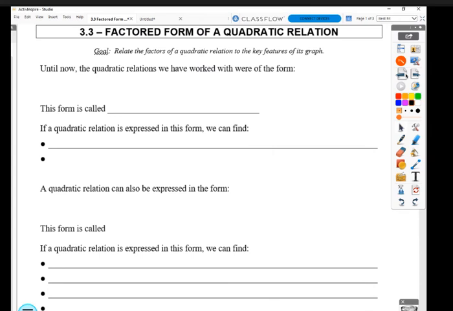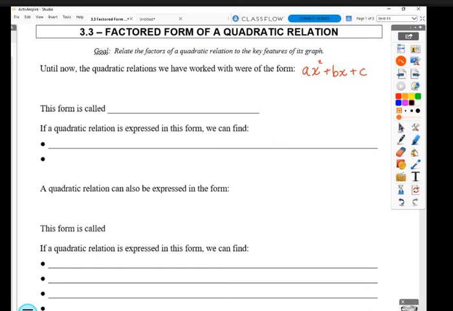So, folks, so far in quadratic relations, we've only worked with quadratics in this form, right? That ax squared plus bx plus c.